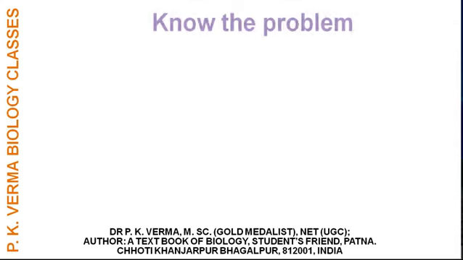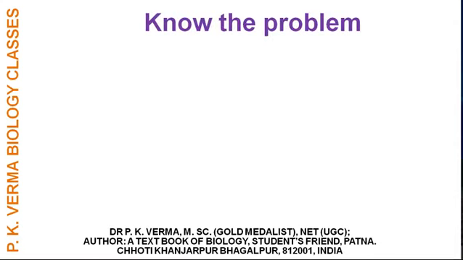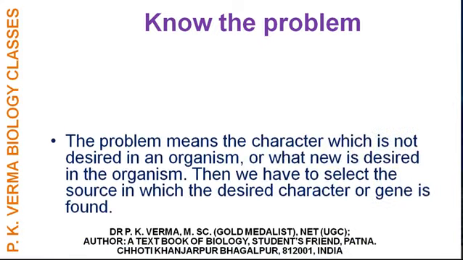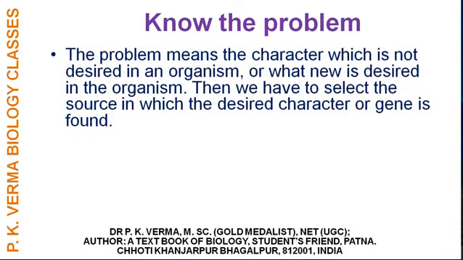Before planning the project, you have to know the problem. You have many commercial species of plants, or there are many pet animals. Even there are human subjects in which there may be some inferior or defective characters.